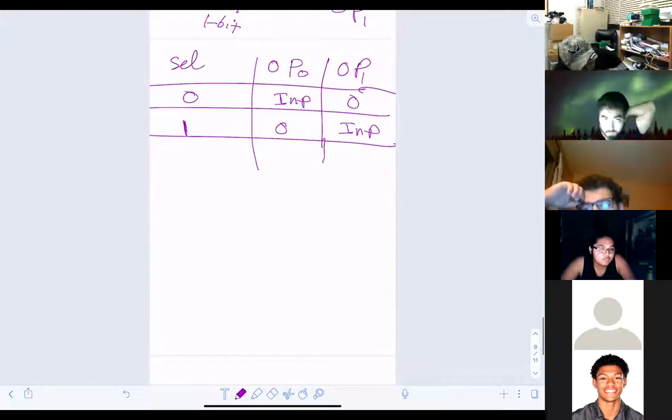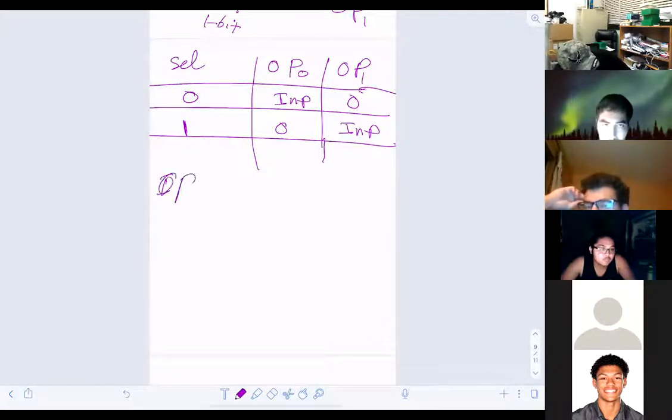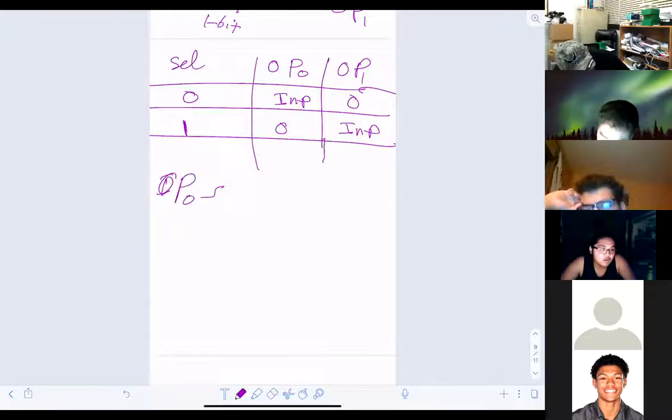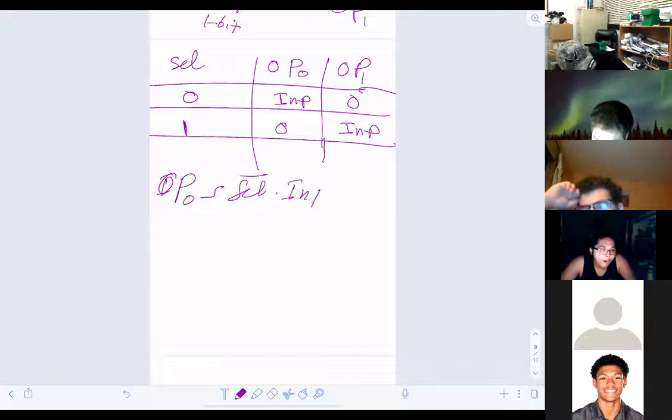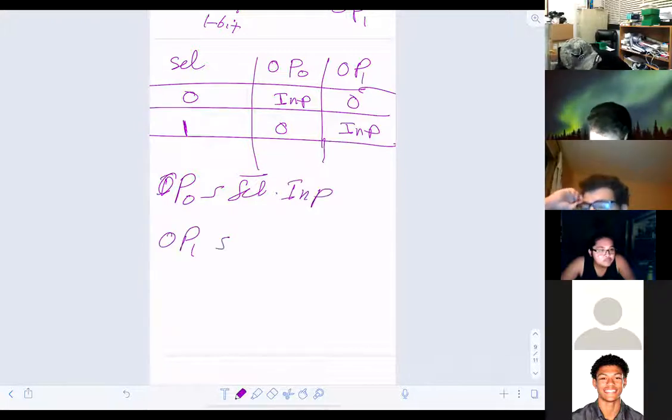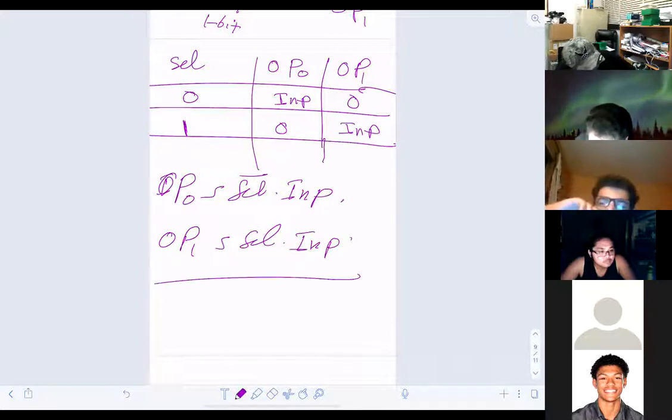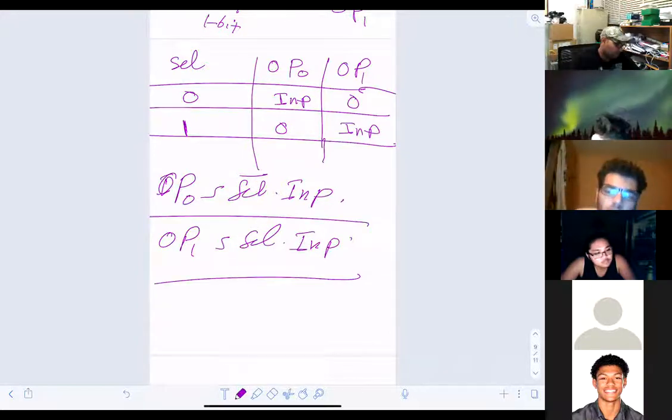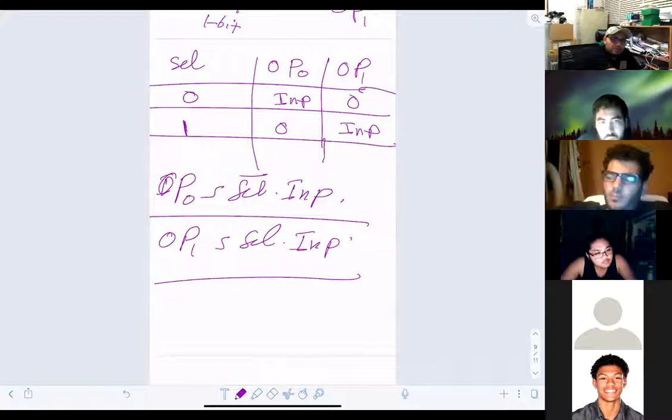So we can write a very nice equation saying output 0 is equivalent to select complement with input, while output 1 is select with input. That makes sense?